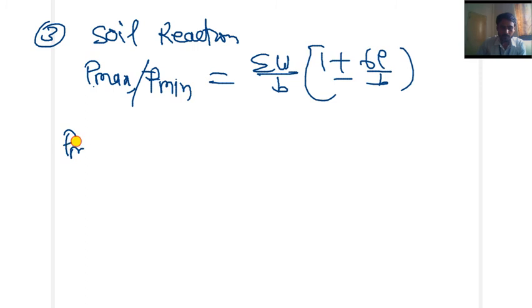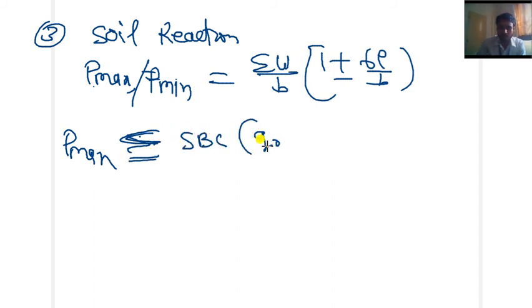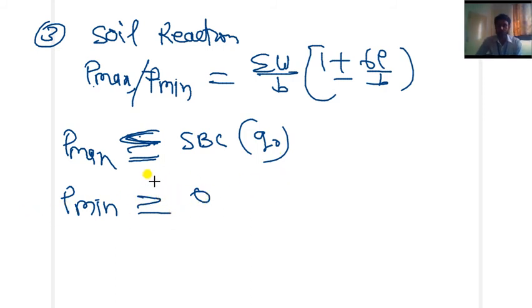Here, P max should not be greater than, should be less than or equal to the soil bearing capacity, that is Q naught. And P minimum should be greater than or equal to 0. The soil pressure minimum should not be a negative value, right? So by calculating these parameters, we can ensure the stability of the retaining wall for various criteria.